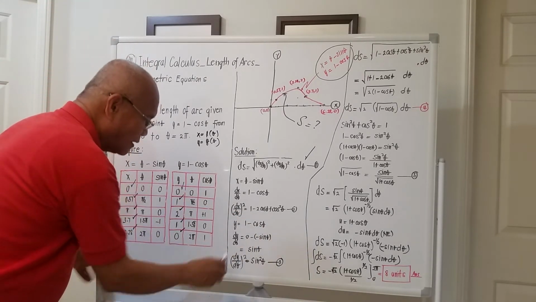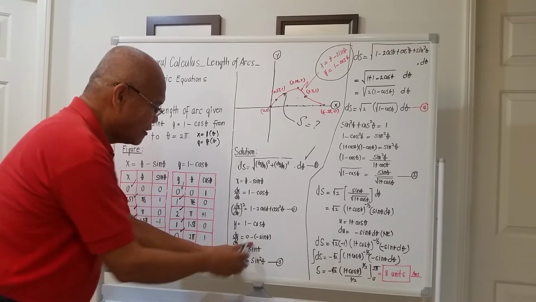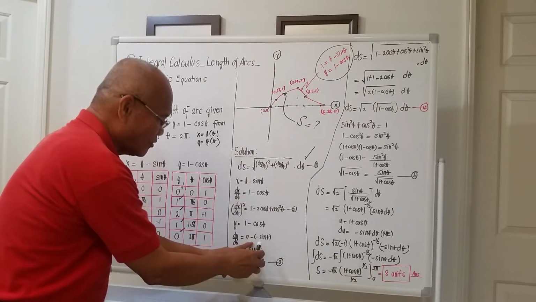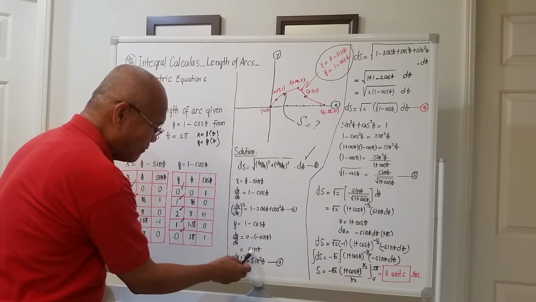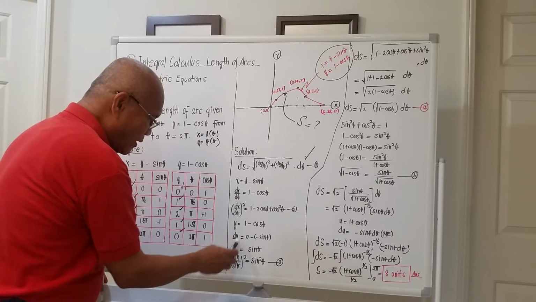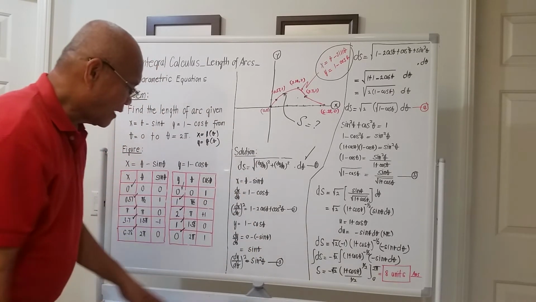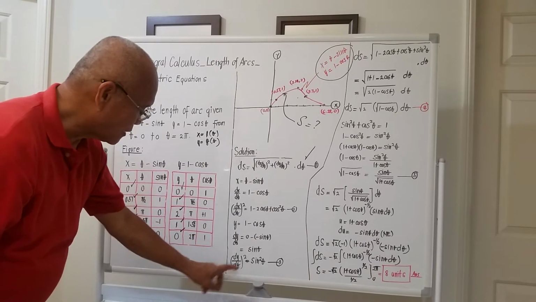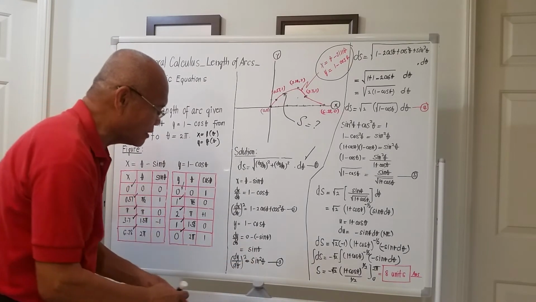Dy over d theta will be 0 minus the quantity, the differential of cosine is minus sine, so this is minus sine of theta. So this is minus minus, this will become plus. Meaning dy over d theta is sine of theta. Squaring both sides, dy over d theta quantity squared equal to the square of sine of theta is sine squared of theta, equation number 3.